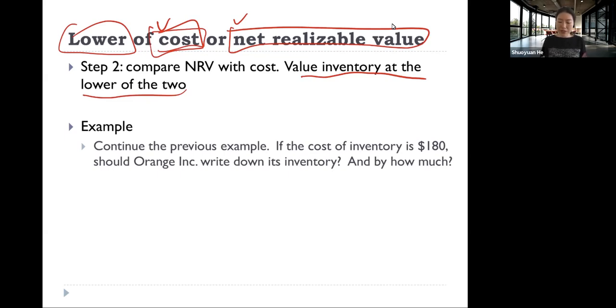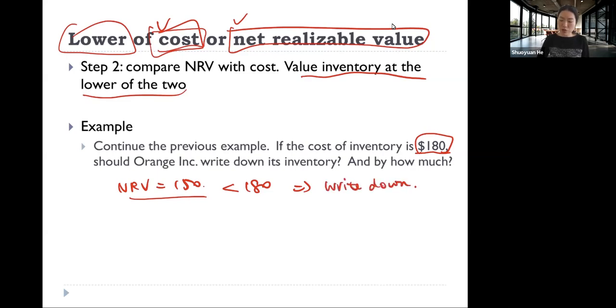So example, we continue from the previous example. If the cost of inventory is 180, should Orange Ink write down its inventory and by how much? So the cost is 180 and we know that the NRV is 150. So 150 NRV is lower than 180, which means that we need to write it down. Yes, we do need to write it down.